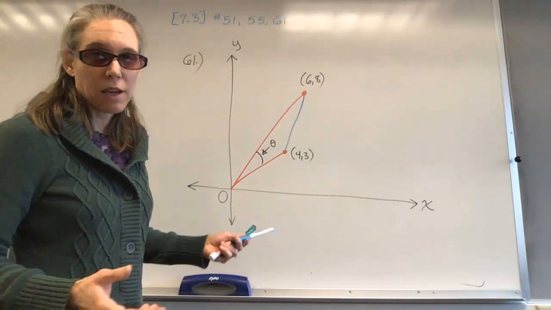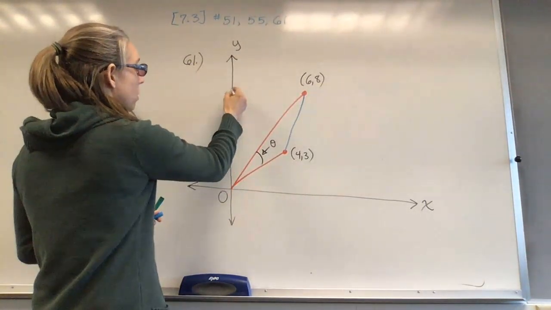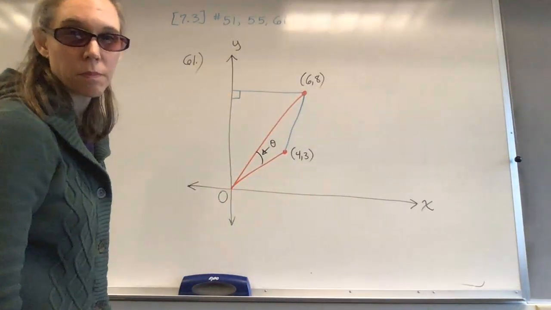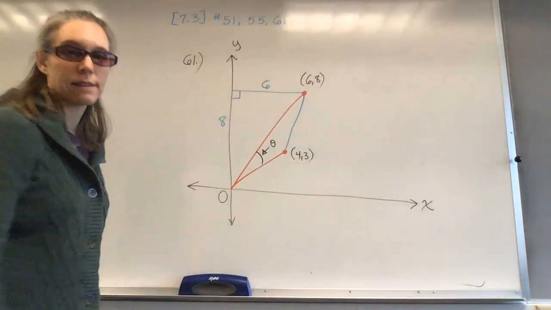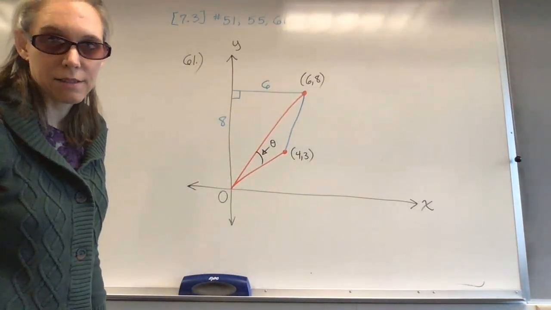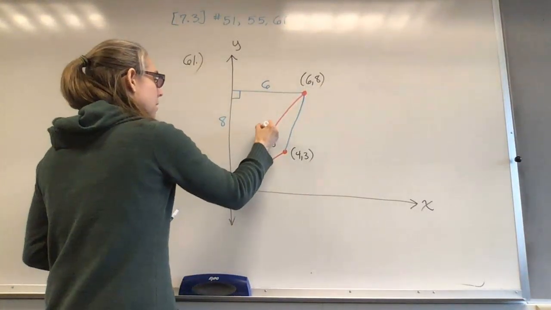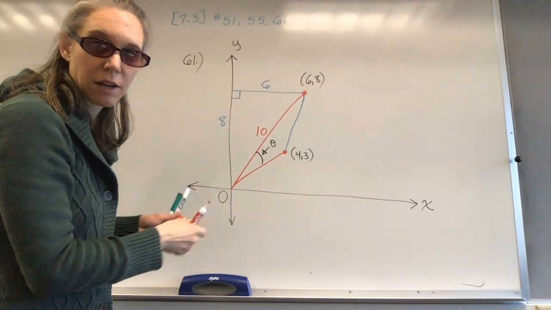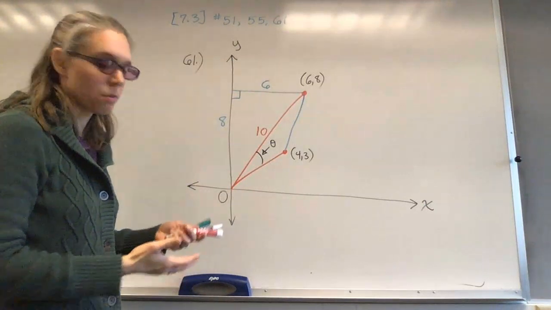So for the Pythagorean theorem, you would think about this triangle right here that has 6 and 8 as its side lengths. And so that would make this side right here 10, because you have a 3, 4, 5 triangle, right? A Pythagorean triple. So that's how you use Pythagorean theorem for that one.